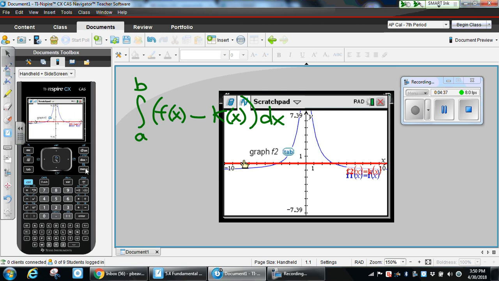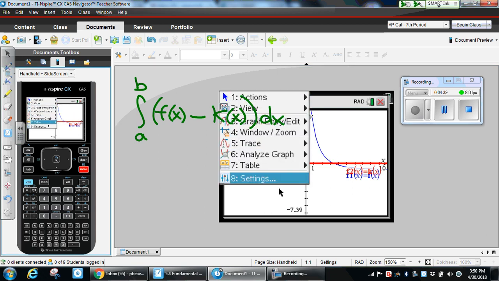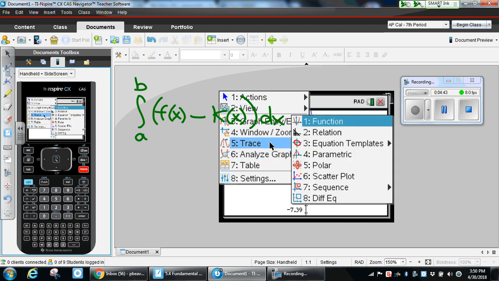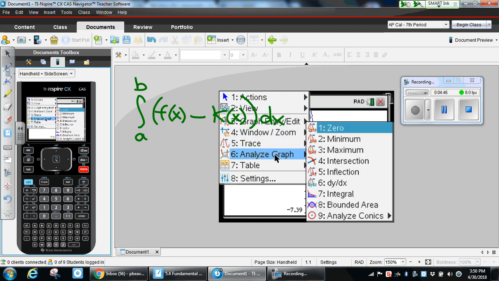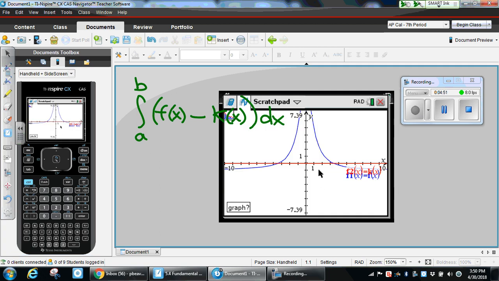Let me see if there's a way to call it. Trace. Ooh, maybe. So we touch the first graph. Lower bound. Upper bound.